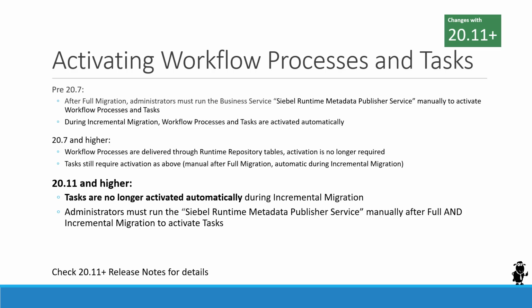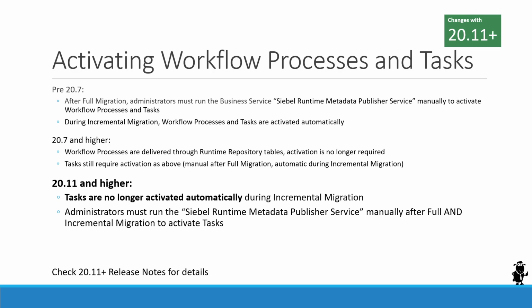So now in 20.7, there was a change in the workflow process architecture, as they're now delivered through runtime repository tables, and any activation is obsolete in that sense. So the only activation is whether the workflow process is active in the repository or not.